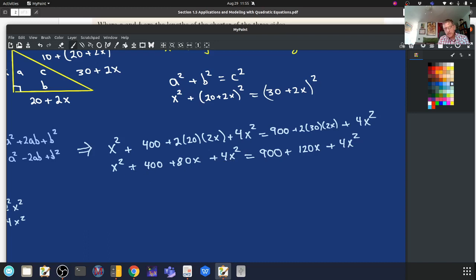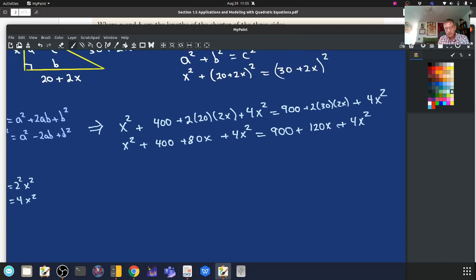Here we have a sum. Sums and differences, and they're all positive. Each one of these is a term. X squared is a term, 400 is a term, 80x is a term. So whenever you have two terms on opposite sides of the equals sign that have the same sign, then they just cancel out.